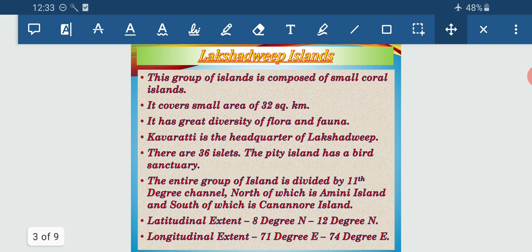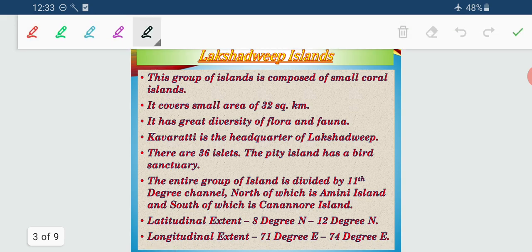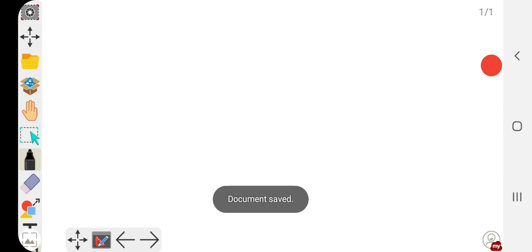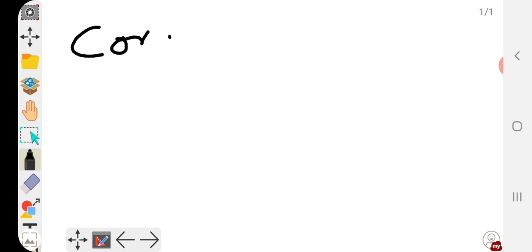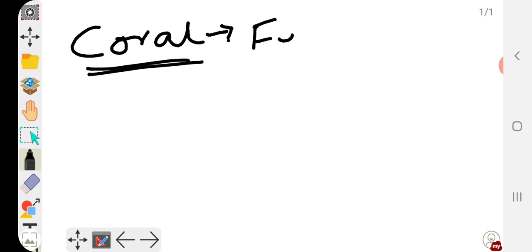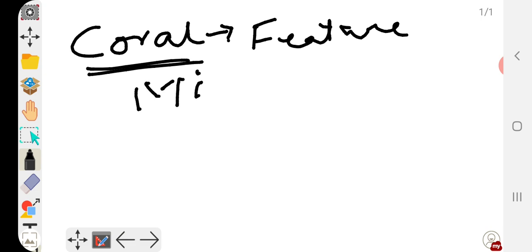Now I am proceeding with the features of the Lakshadweep Island group. The island group is composed of small coral islands. Now what is coral? Coral is a feature that is formed by microorganisms.